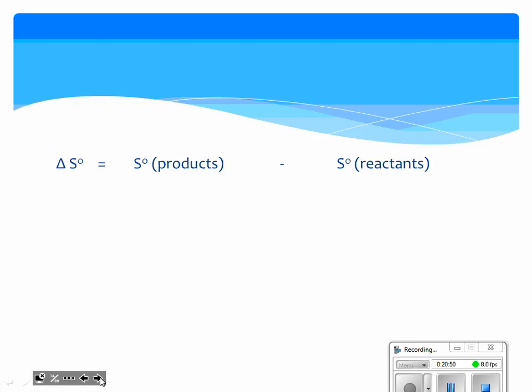Now, what is the standard entropy of my product, NO2? 240.45. But when I look at my reaction, how many of those do I have? 2 of them. So I've got to multiply that by 2.